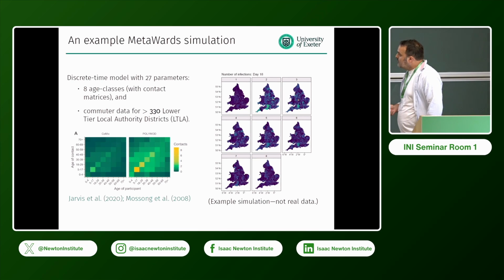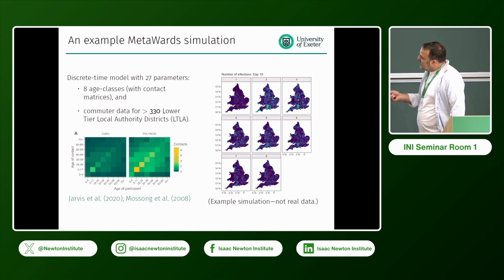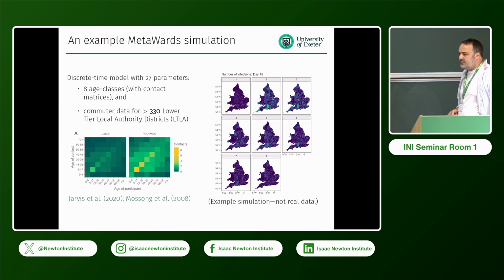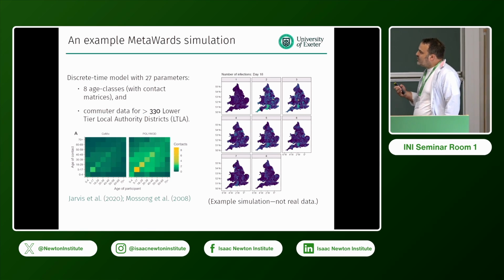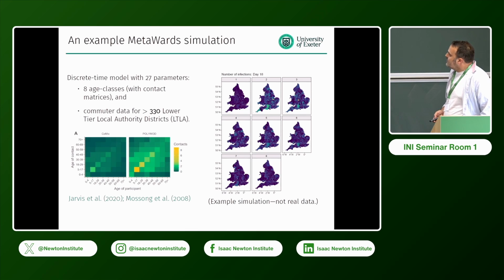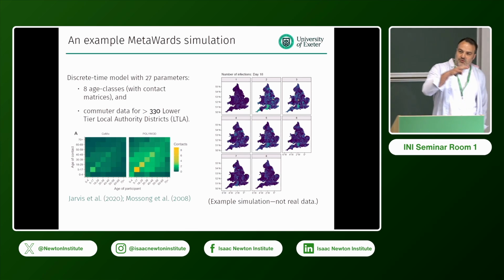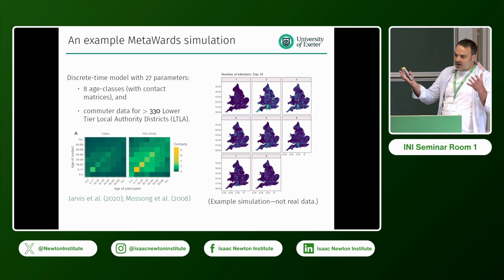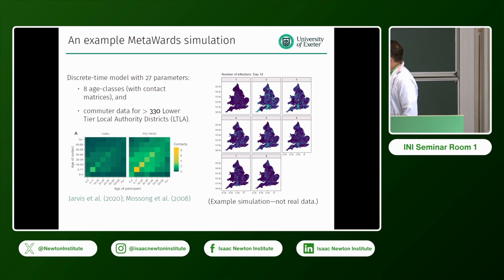We decided to model this at the lower tier local authority level. For some context, there are just over 330 LTLAs in England and Wales, and the model is moving individuals between those regions. So this is a big coupled metapopulation structure.